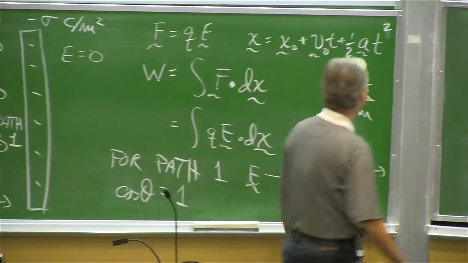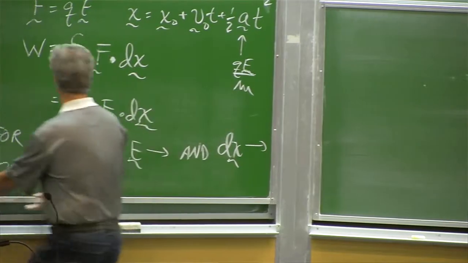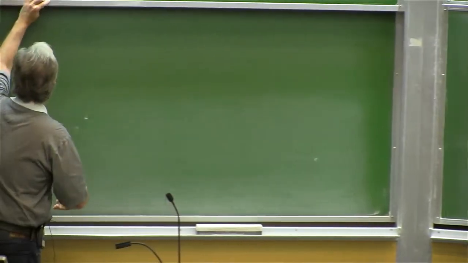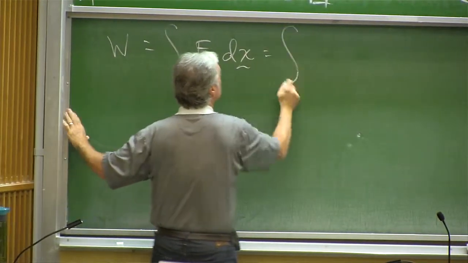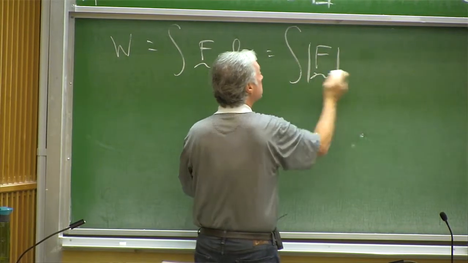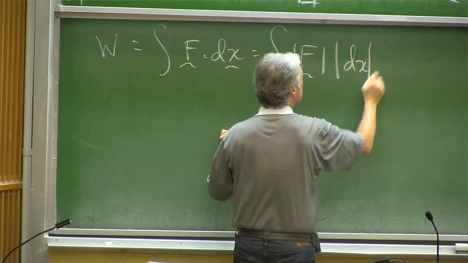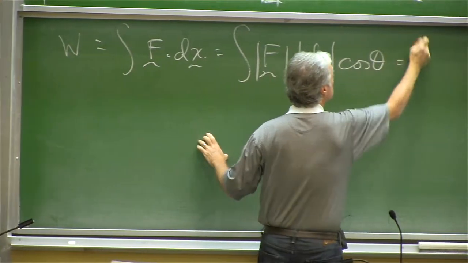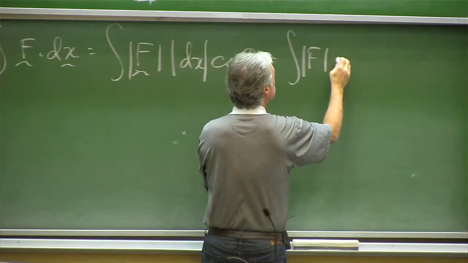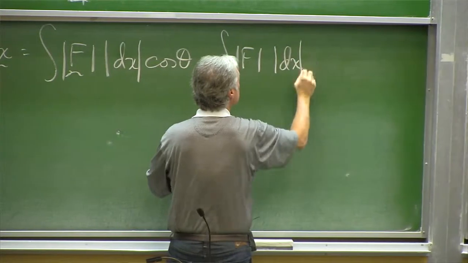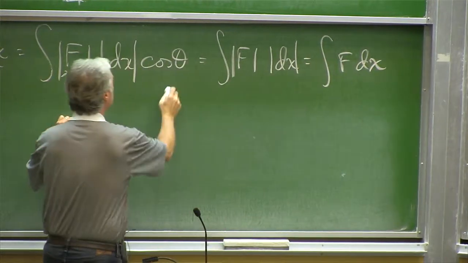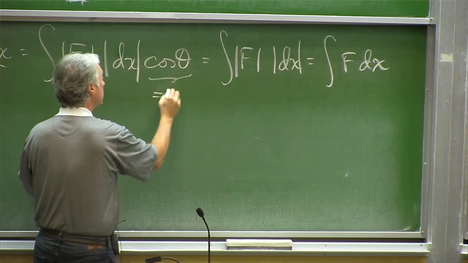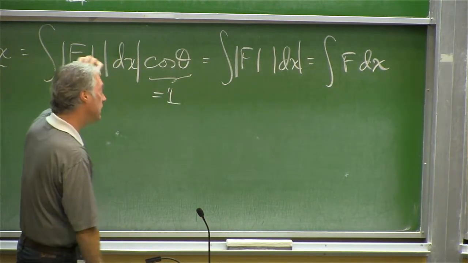And our work done, if you think of it like doing these kind of symbolic things, here this is going to be 1 on path 1.